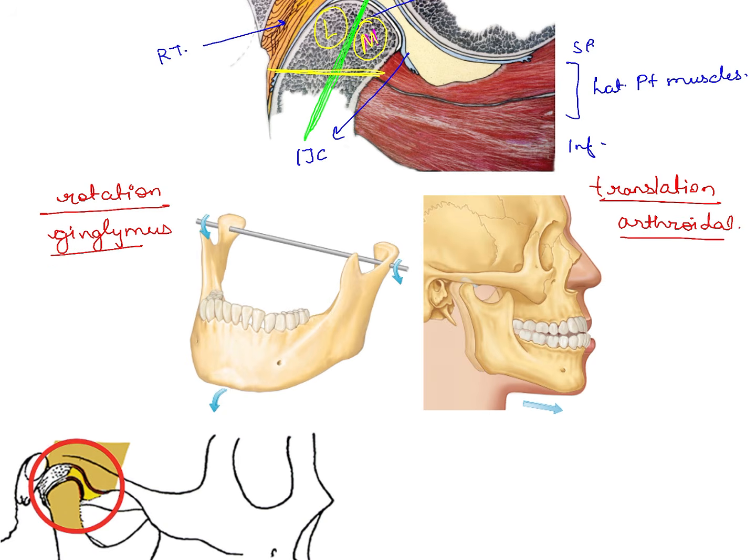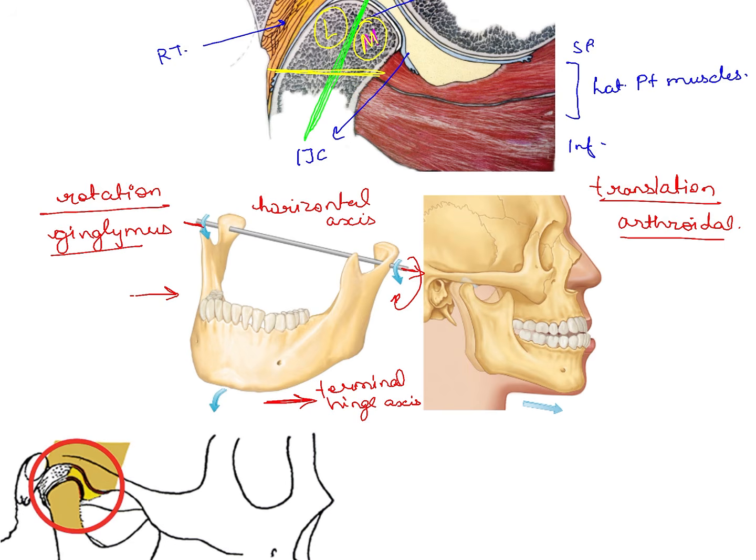So now when you look at the image here, in this cross section, in the horizontal axis, you see that a plane of rotation passes from the condyle on one side to the condyle on the other side. This axis of rotation is called the terminal hinge axis, okay, along which the mandible rotates.